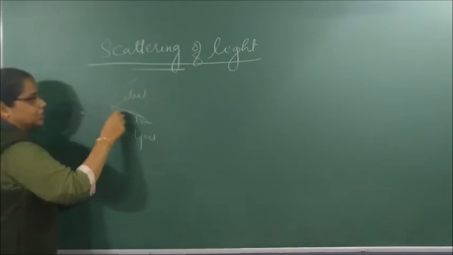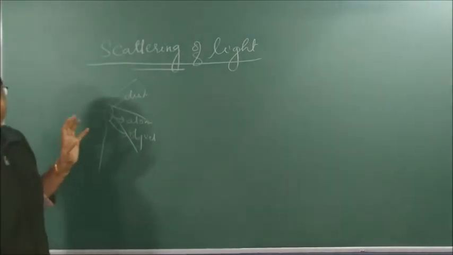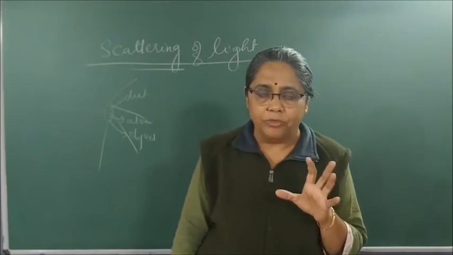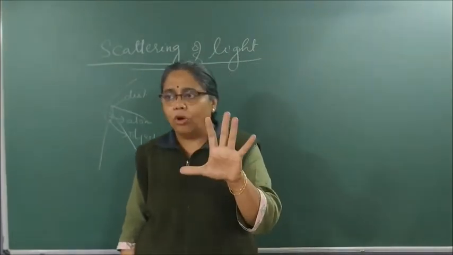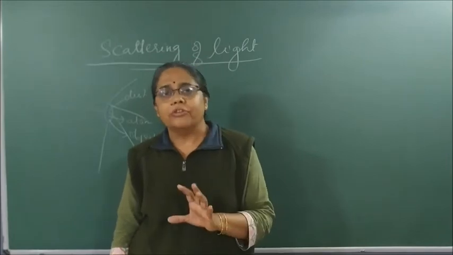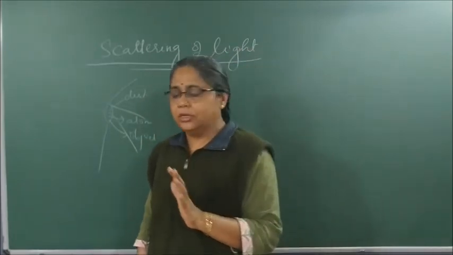It starts scattering light. This is what is called scattering of light. What is scattering of light? When light in its journey hits any object, it scatters in all different directions. Due to scattering of light, we see many associated optical phenomena.